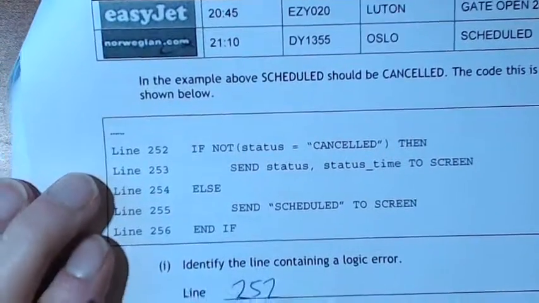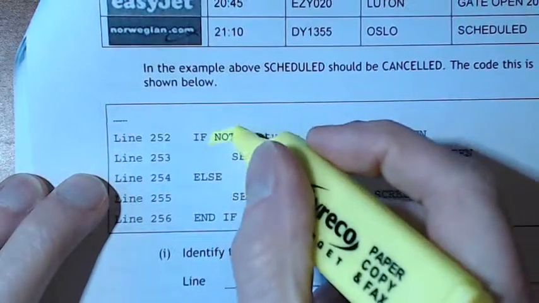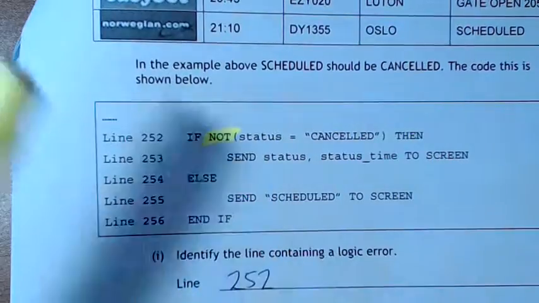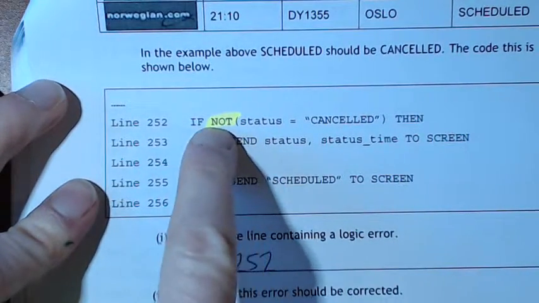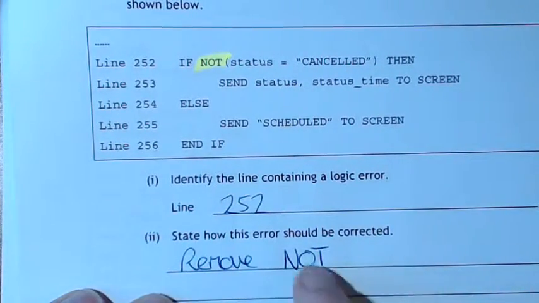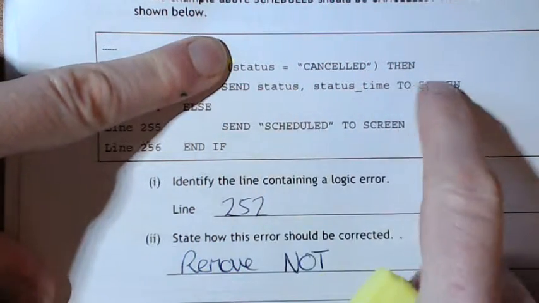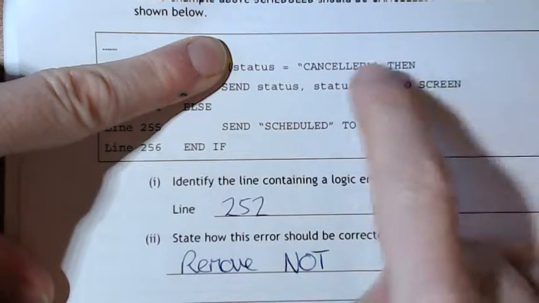So what we've got here is what contains a logic error. So remember, logic is when it's all ANDs, ORs, and it's more rare, but it's not. So the error is going to appear on the line in which the piece of logic is, and essentially what you have to do to correct it: if the status is cancelled, then you set up the status, else you just say scheduled onto the screen.